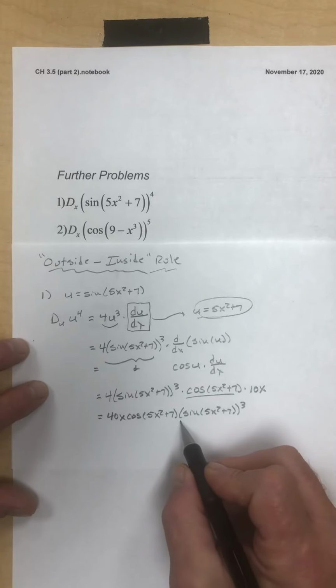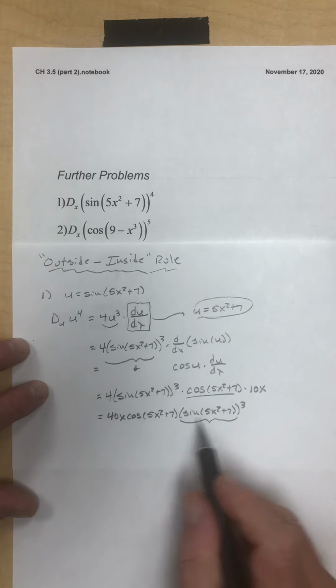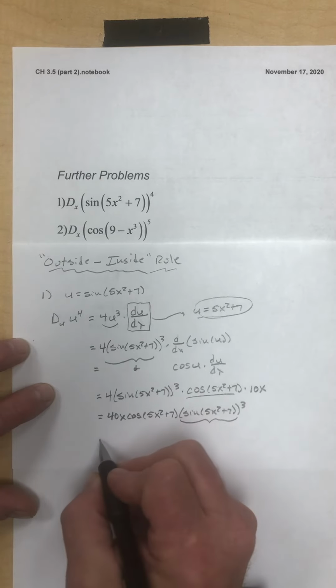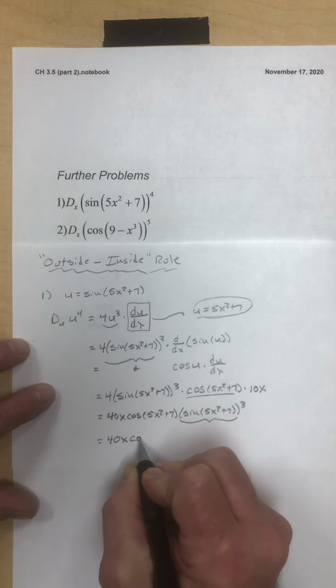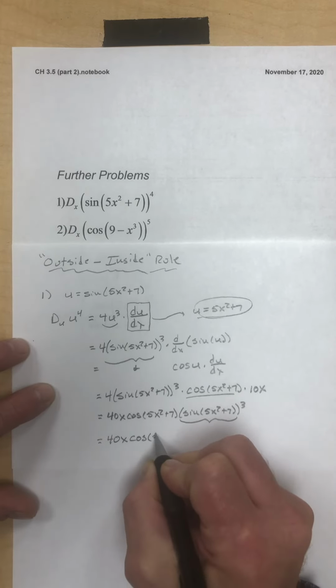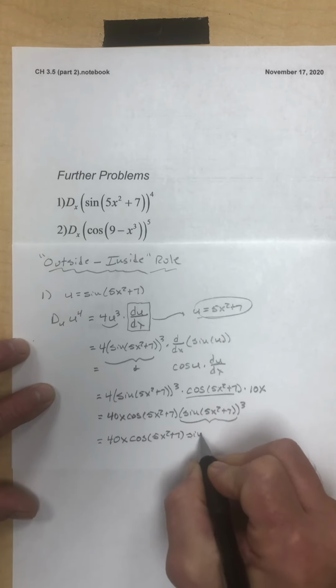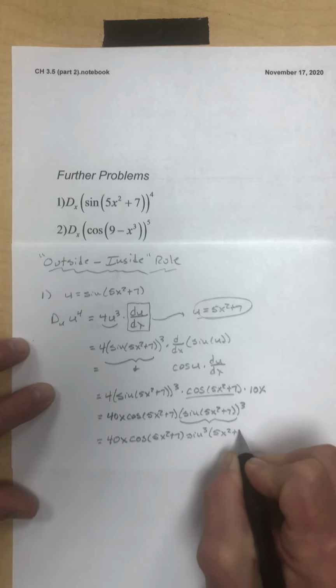If you want to, we could rewrite this and get rid of the outside set of parentheses, and just write it as 40x cosine of 5x squared plus 7 times sine cubed of 5x squared plus 7.